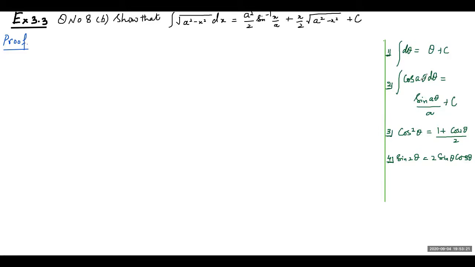That is, if we have anything multiplied with theta, then the integral becomes sine a theta divided by a. Number 3, from trigonometry, we are going to use cos square theta equals 1 plus cos 2 theta divided by 2. And also from trigonometry, we are going to use the result sine 2 theta equals 2 sine theta cos theta. Let's start the proof now.